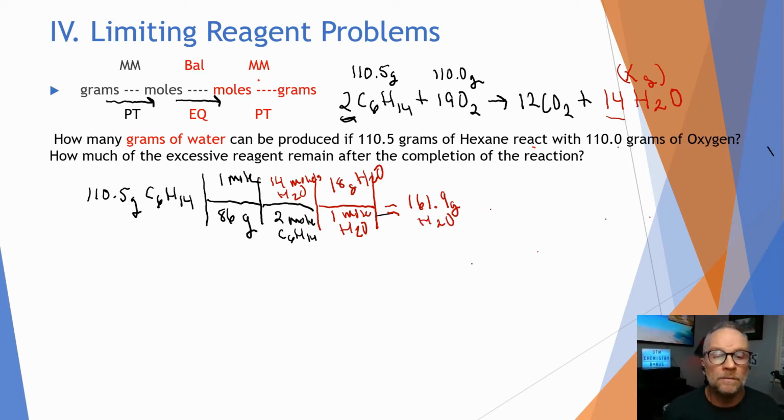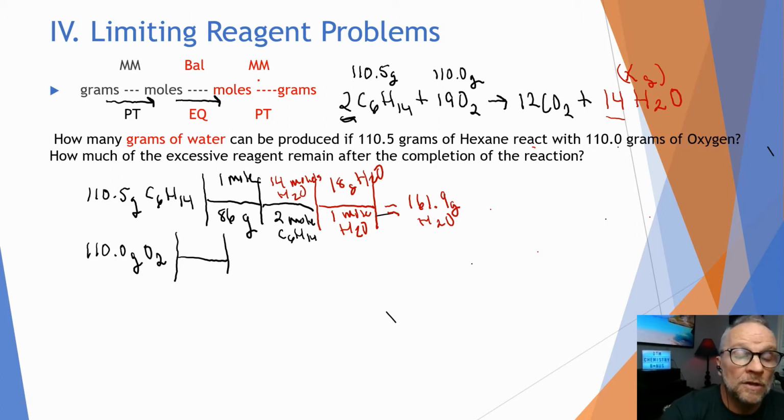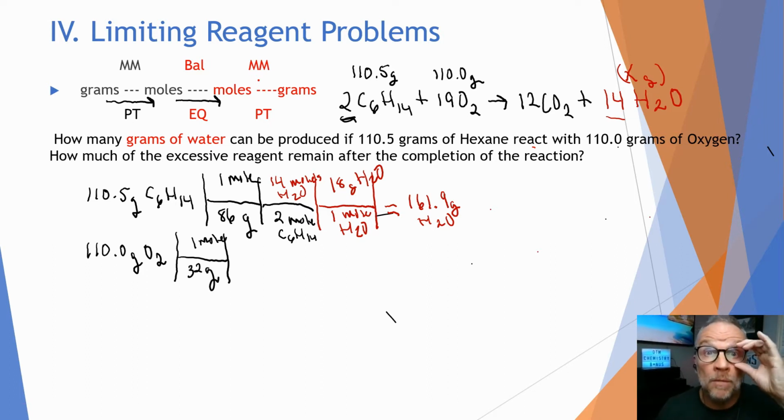Okay, good deal. All right, so we're going to do the same procedure for our oxygen reactant. Here we have slightly less, 110 grams of oxygen. For every 1 mole of oxygen, we'll have 32 grams. Oxygen is 16 grams per 1 mole, and we've got 2 moles there, so 2 times 16 is 32. Then we'll switch over here and do our moles.